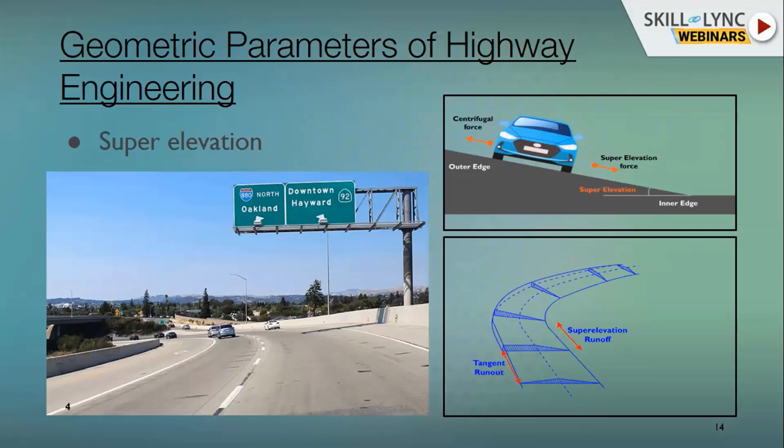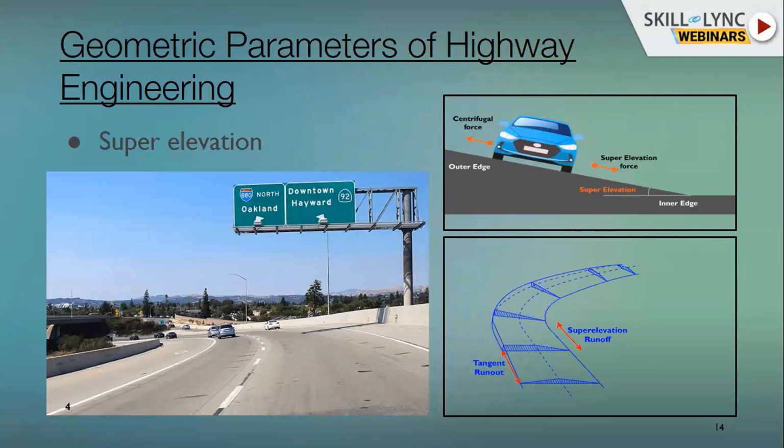Depending upon the code values, we raise the outer edge of the carriageway a little bit, as you can see in this image, so that the inner edge stays at the same level of the road but the outer edge is a little higher. Once we travel along this road, that force will be minimized or countered, so that traveling will be easier.